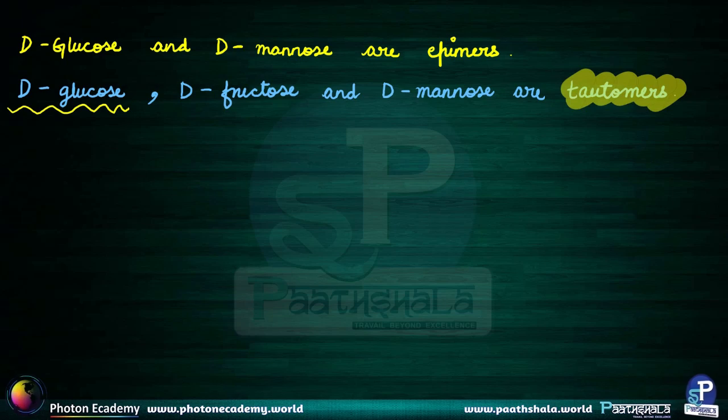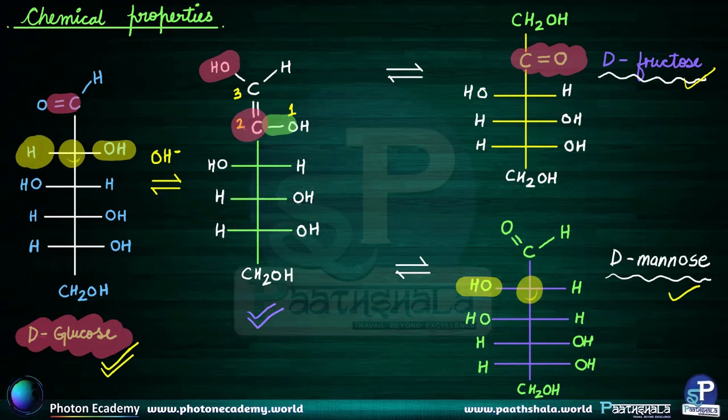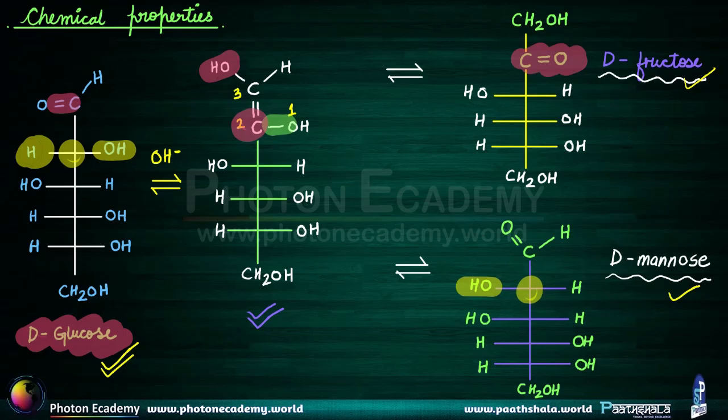But D-fructose is actually not an aldehyde, it is a ketone. D-mannose and D-glucose are aldehydes, so they are going to give positive tests towards Tollens and Fehling's reagent. But D-fructose is a ketone group, and we know that ketones don't give Tollens and Fehling's test. But since it is in equilibrium in the mixture where D-glucose is present, D-fructose also shows the Tollens reagent test and the Fehling solution test.